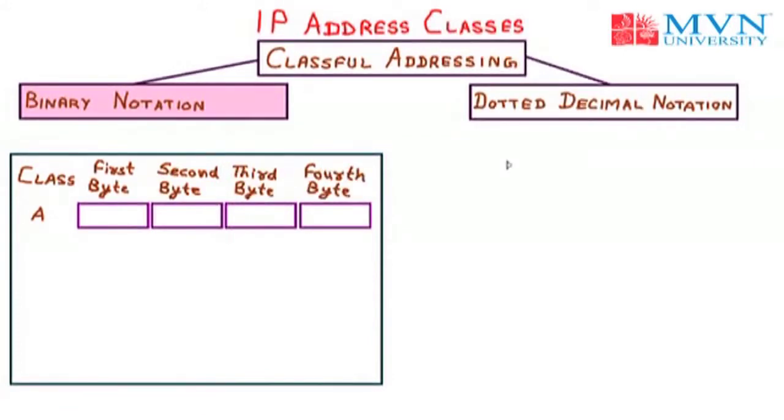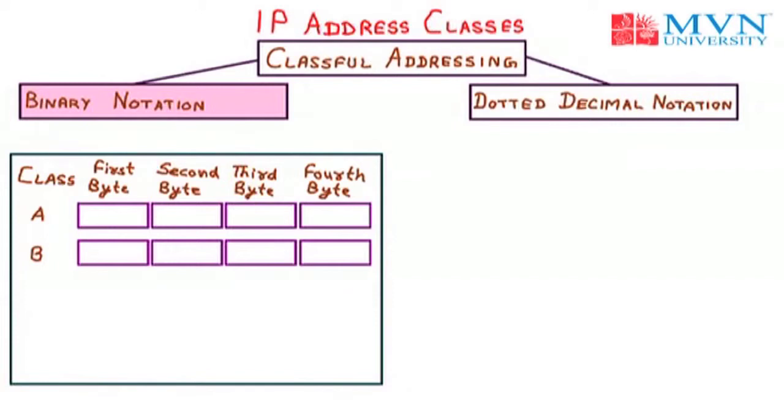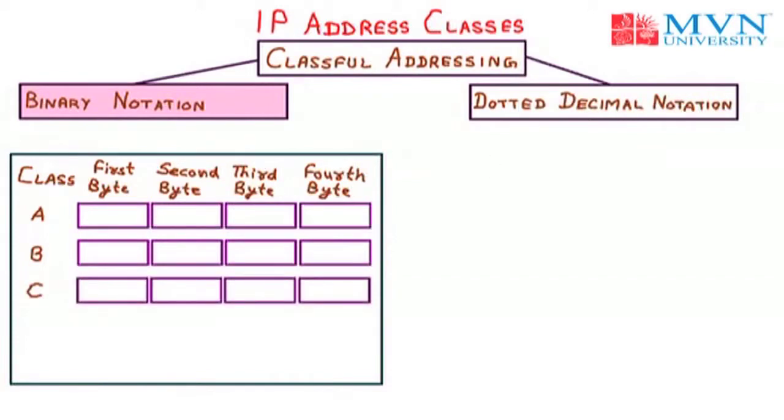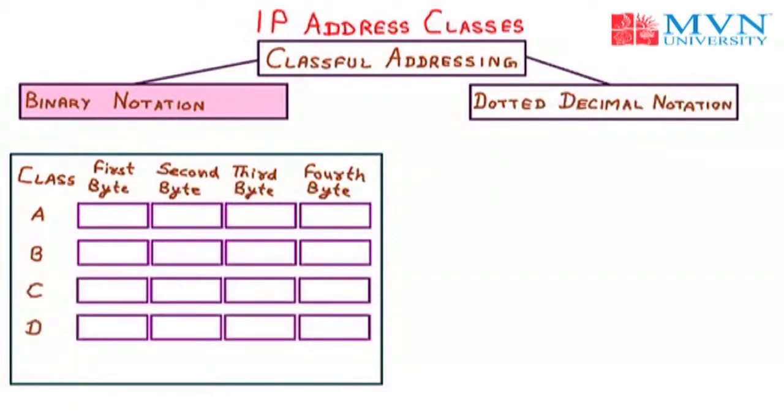The next one is class B, next is class C, next class D, and lastly we have class E. These are the 5 classes into which we have divided our IPv4 addressing. Now, in the binary notation we deal with 0 and 1.